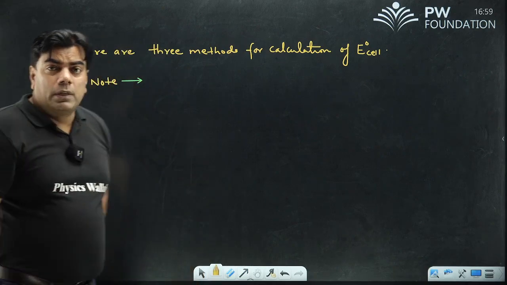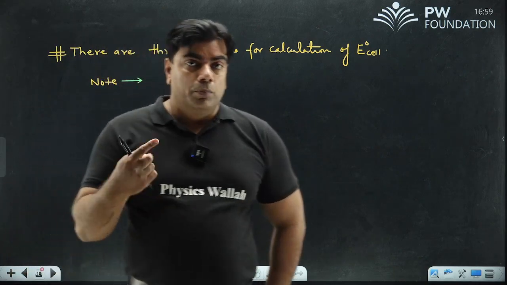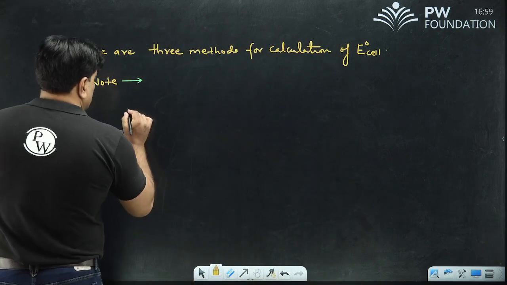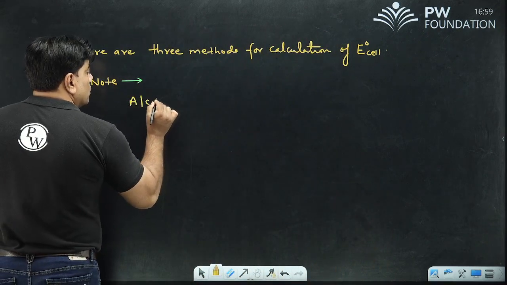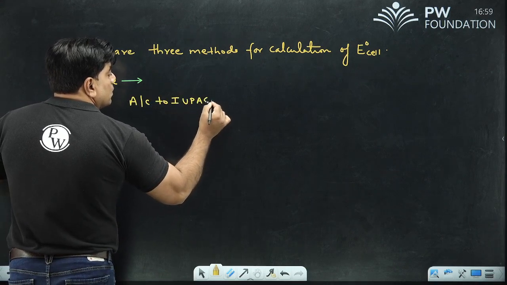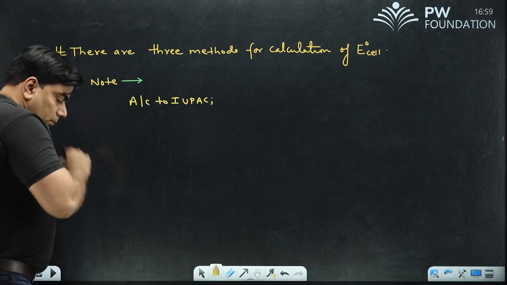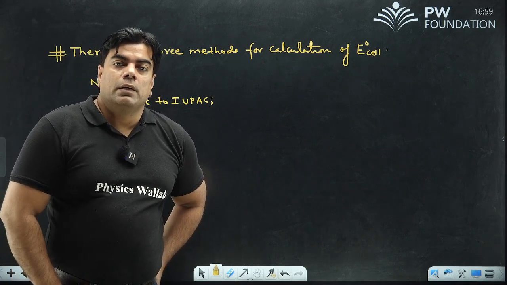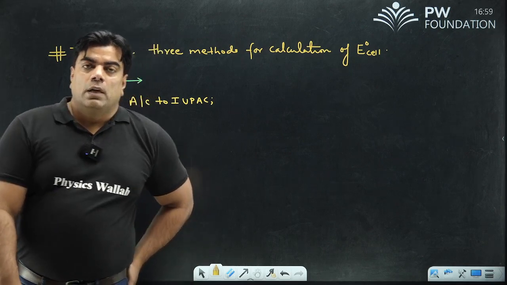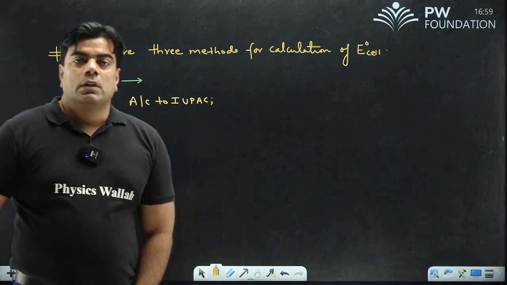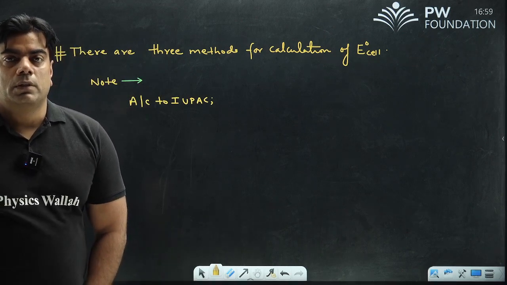According to IUPAC, oxidation potential can be represented in terms of reduction potential, and reduction potential can also be represented in terms of oxidation potential.